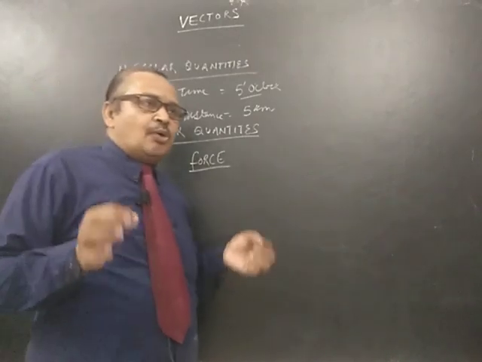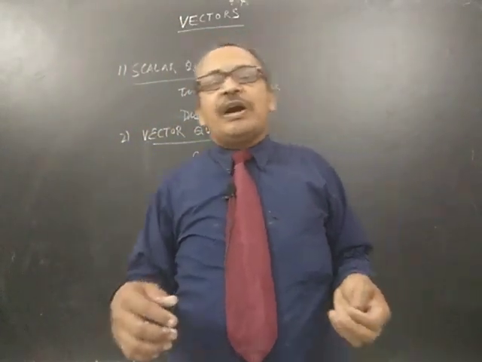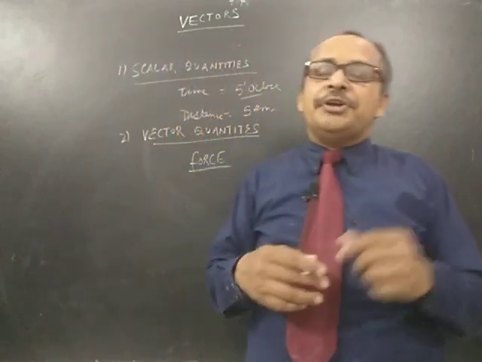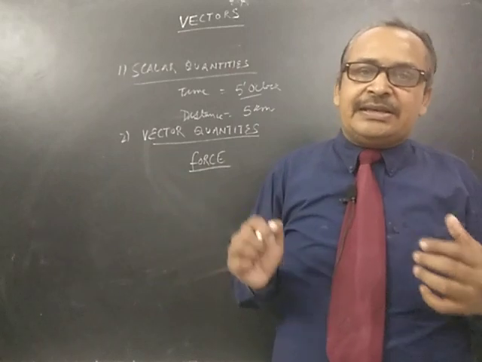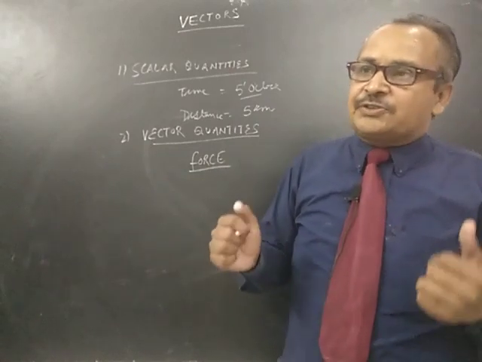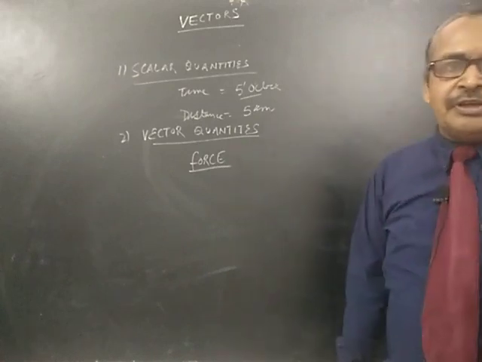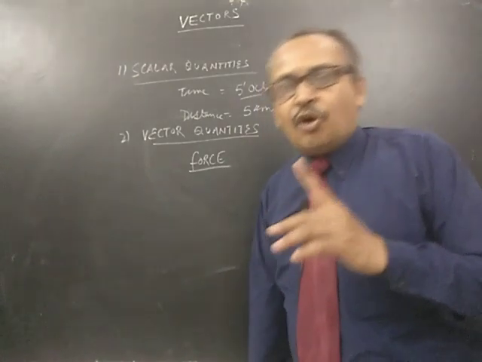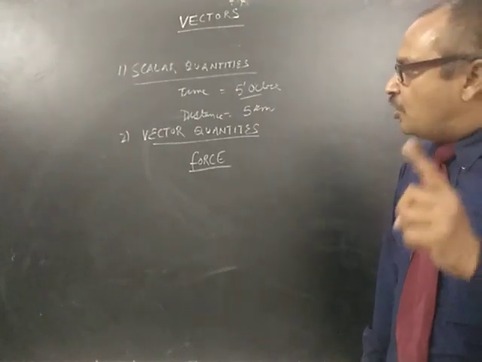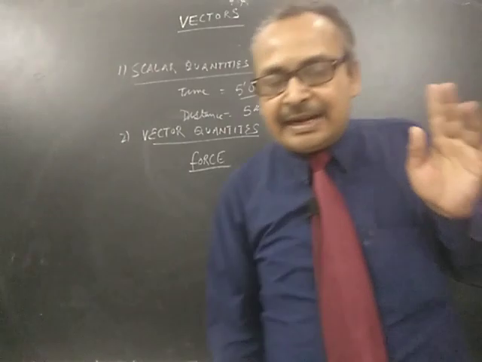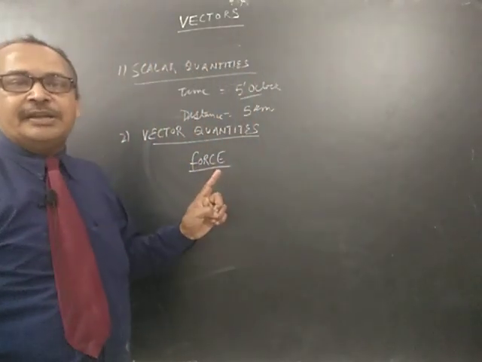So when I say only that a force of 5 Newton is applied on a body, this does not clarify whether this force is a push or a pull. So it needs that clarification of the direction also, and that is the reason why force is a vector quantity.